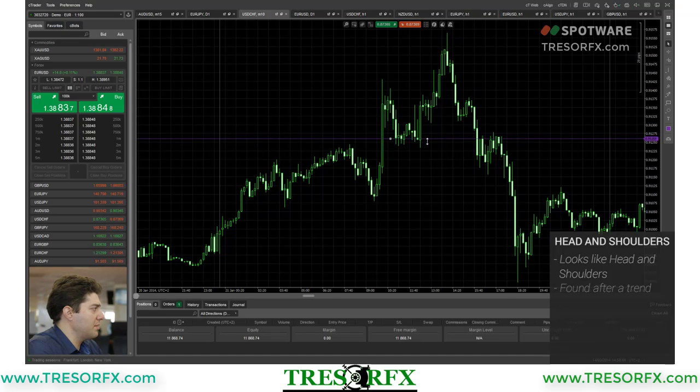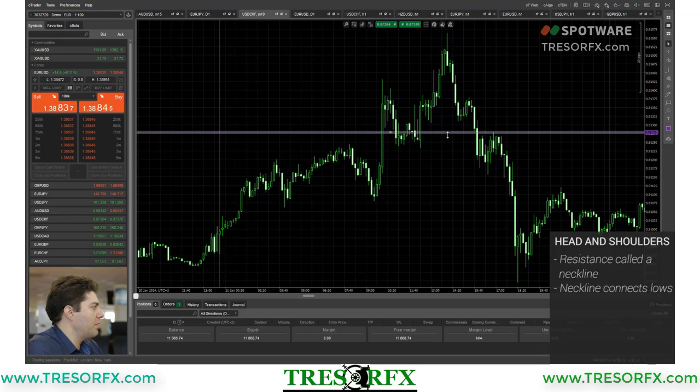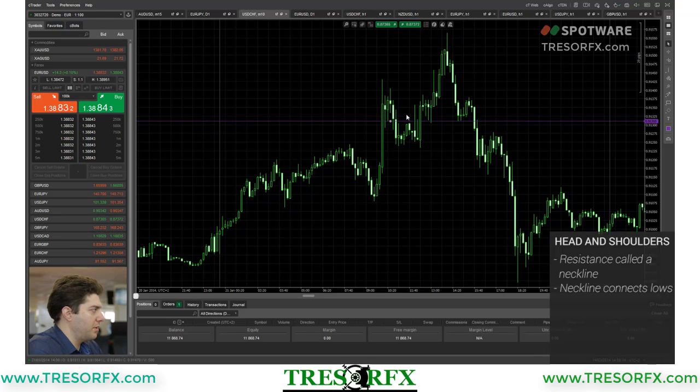We have a support that's called a neckline, that is the line that connects the lows in this particular case. You can either draw it here. This is actually not a wrong neckline. It connects all the low points that we talked about before. You can draw it here. This is also a neckline, so it's up to you to draw it.